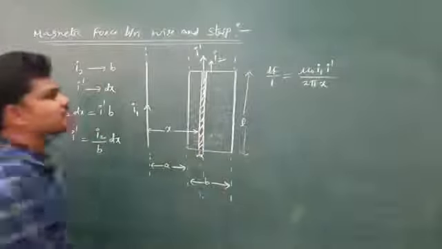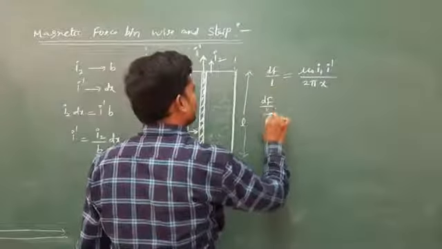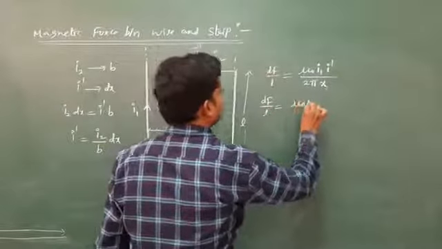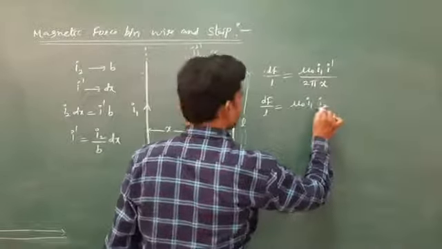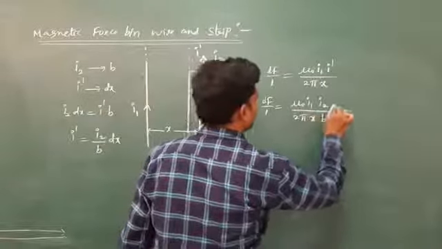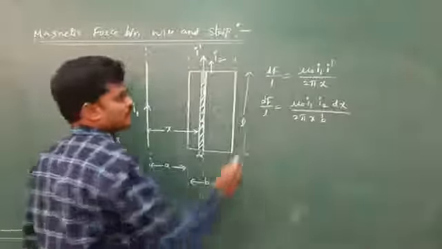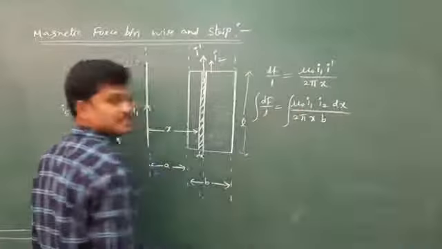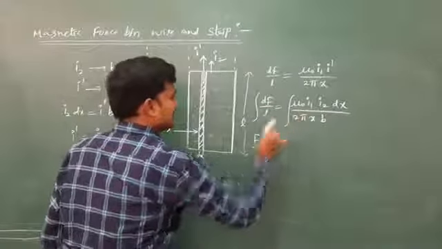Then you apply the integration. dF by L equals mu naught I1 I2 by 2 pi x B dx. Apply the integration and see the limits.